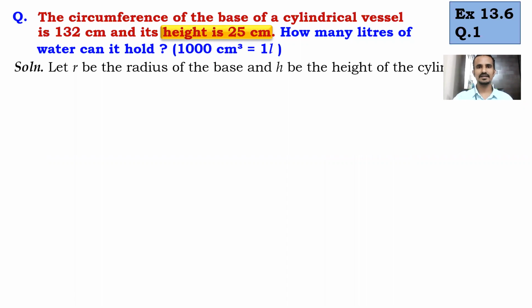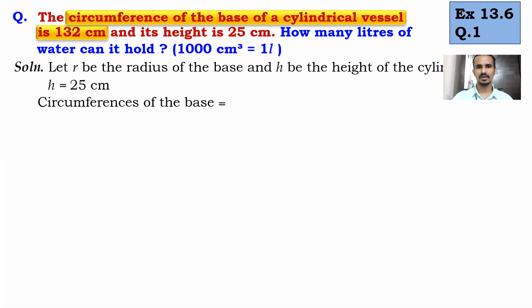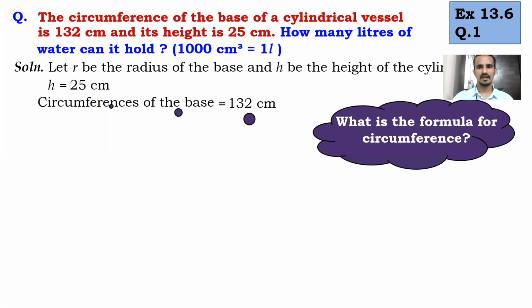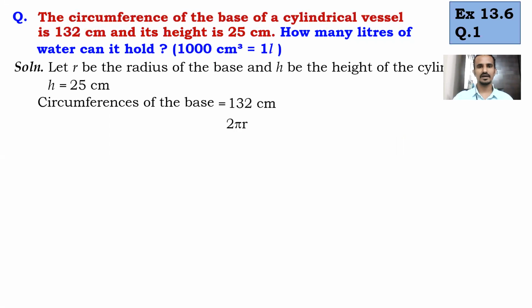So the height is 25, so we have h is equal to 25. The radius is not mentioned directly, but we have the circumference. Remember the formula for circumference of the circle, it is 2 pi r, and we'll use that formula.